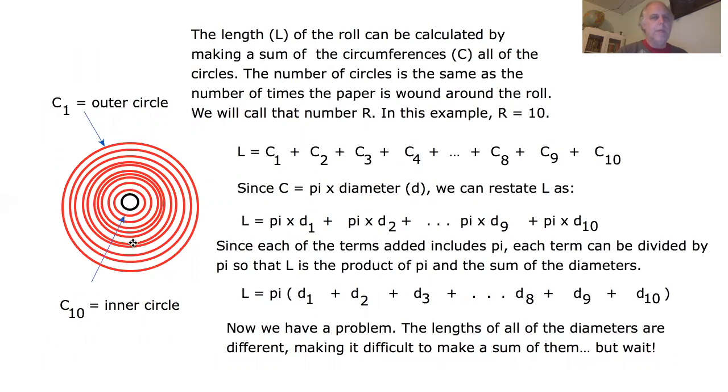If you think carefully, you'll see that diameter 2 is the same length as diameter 1 if you subtract two widths of the toilet paper. So here's a width of the toilet paper at the bottom and a width of the toilet paper at the top. So the next diameter down, D2, is equal to D1 minus two widths of the toilet paper. So let's see what we can make from that.